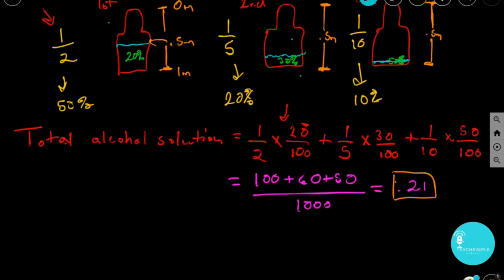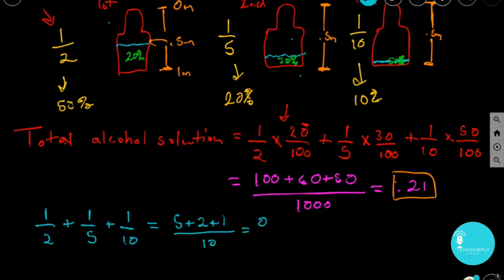So we know the total volume is 1/2 plus 1/5 plus 1/10. We do that math and get 5 plus 2 plus 1 divided by 10. 10 is the common denominator. And then we simplify that out. We get 8/10.